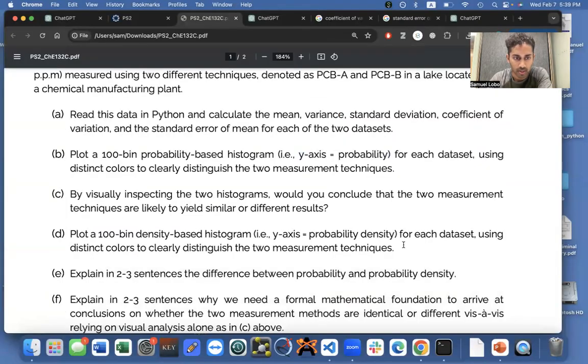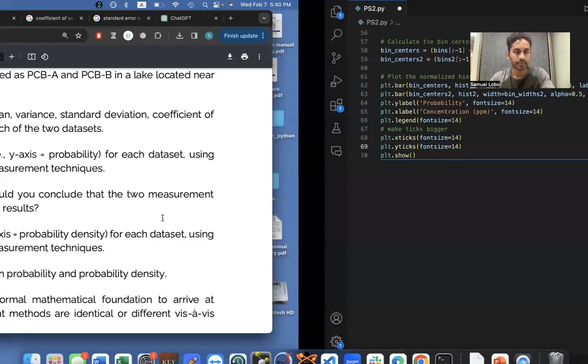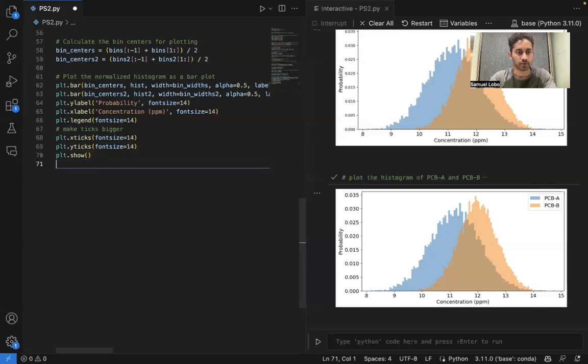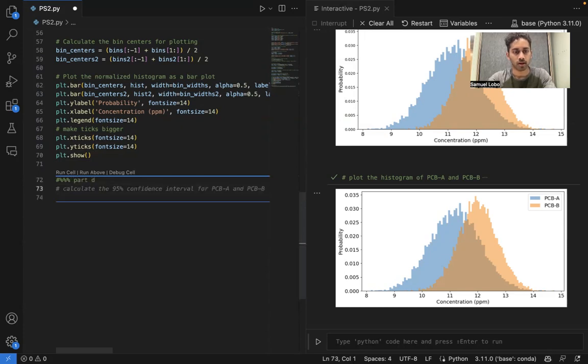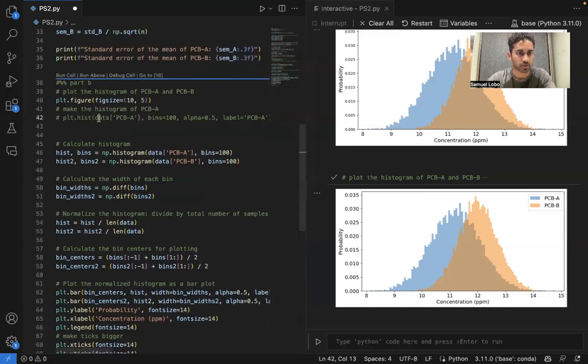Okay, so part D, it's saying now plot a density-based histogram where the y-axis is probability density. So there's actually a nice and easy way to do that for this. It's going to be very similar to what we were suggested earlier.